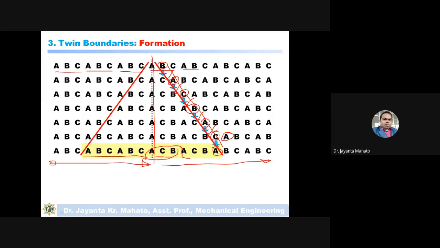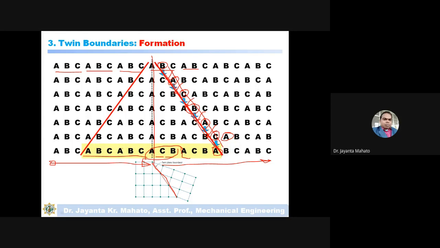So this boundary is called the twin boundary. This is actually the twin boundary or twin plane.